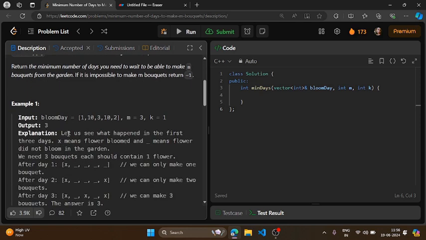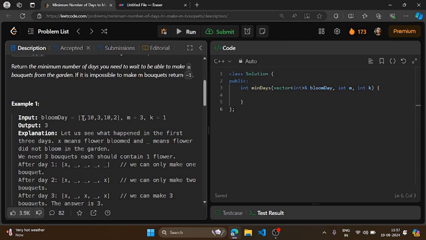So basically we are given the adjacent flowers list, and in this array we are given the day on which each particular flower will bloom. We can consider a flower in a bouquet only when it has bloomed. So we have to make m bouquets, with k flowers in each bouquet, and return the minimum number of days it takes to make m bouquets from the garden.